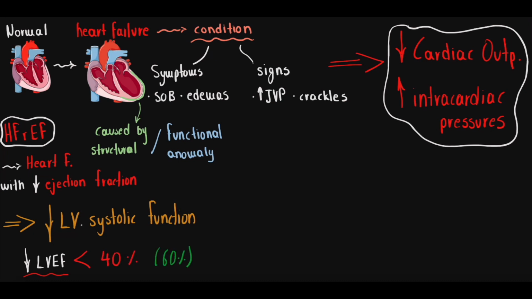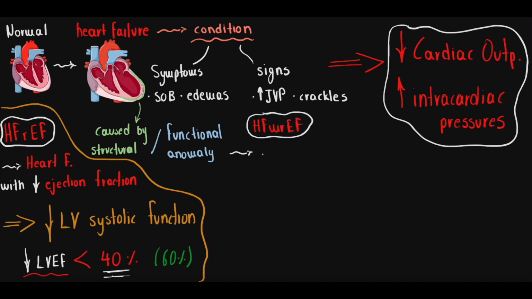Again, patients with decreased left ventricular systolic function with left ventricular ejection fraction less than 40% have heart failure with reduced ejection fraction. The second type of heart failure that we have is HFmrEF, which stands for, again, heart failure, this time with mildly reduced ejection fraction.